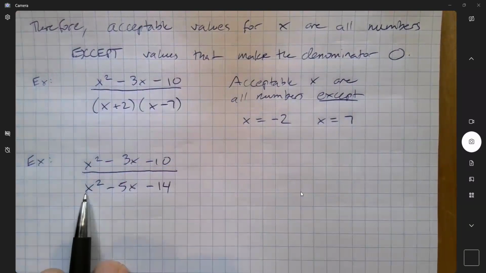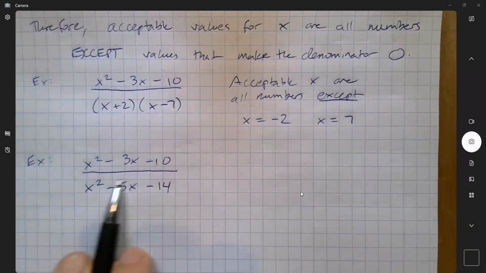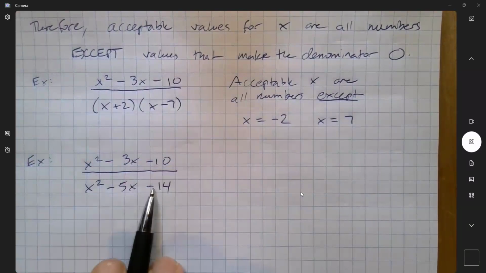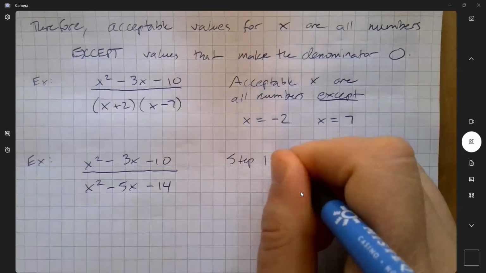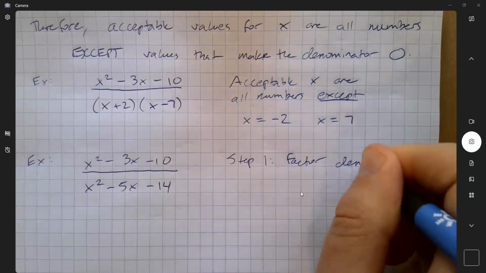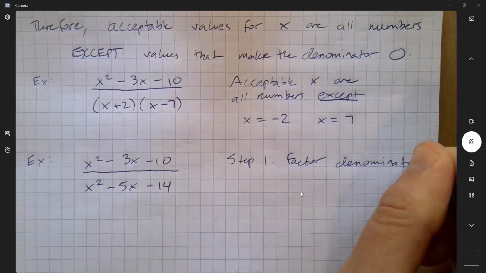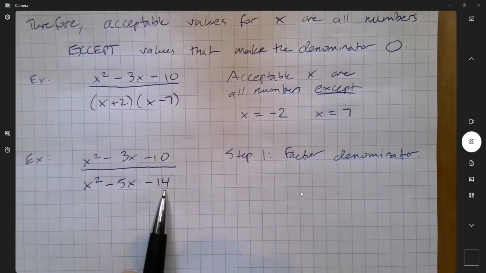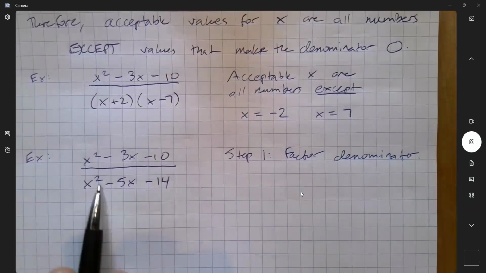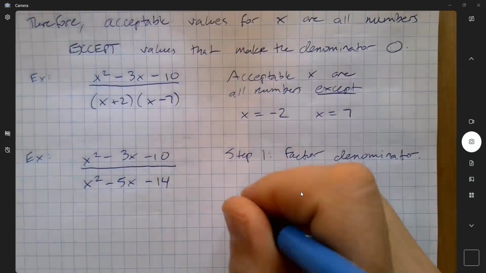And now my denominator is not factored, so it's hard to tell what values of x would make the denominator 0. So our first step is just to factor the denominator. And I'll use the box method for that. Well, first I'll check. 14 is not a square number, and there's extra pieces here, so it's probably not a special case. So I'll use the box method.